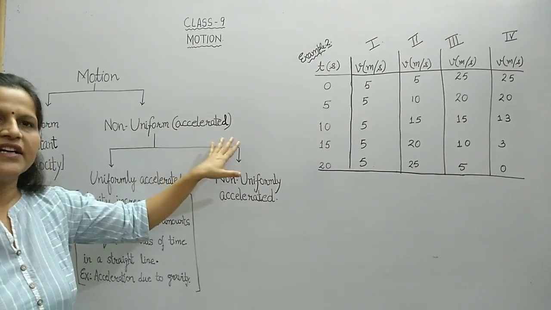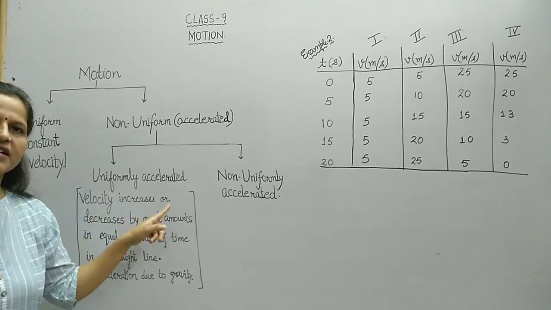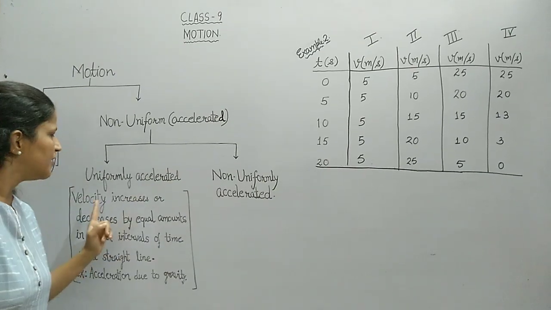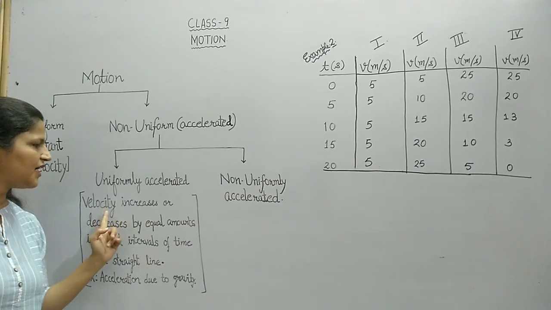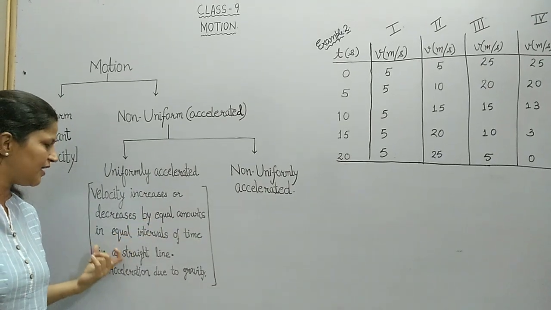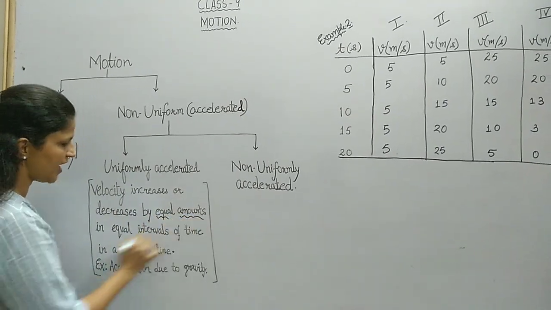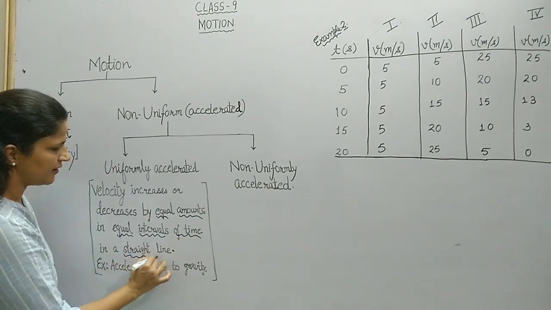Now this accelerated motion can also be further classified as uniformly accelerated motion or non-uniformly accelerated motion. Uniformly accelerated motion is that in which velocity of the body increases or decreases by equal amounts in equal intervals of time, and it has to be in a straight line.